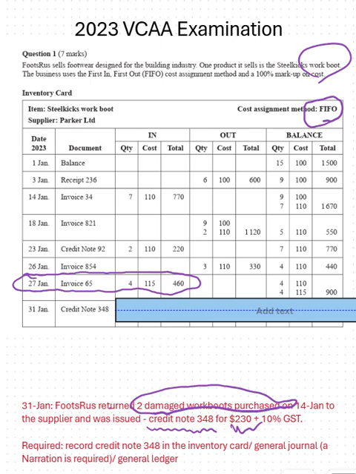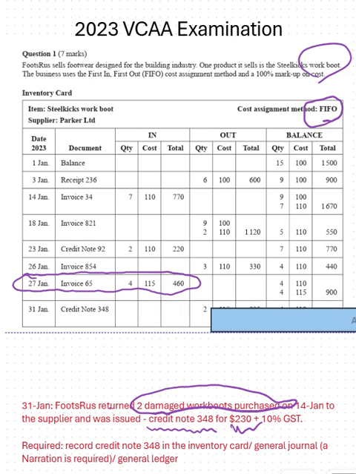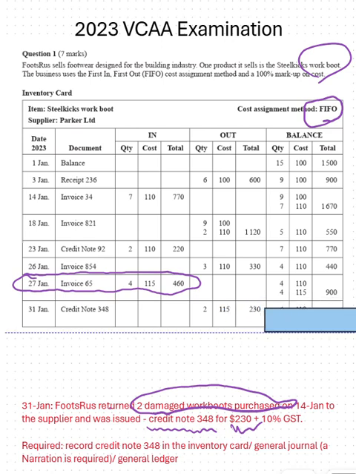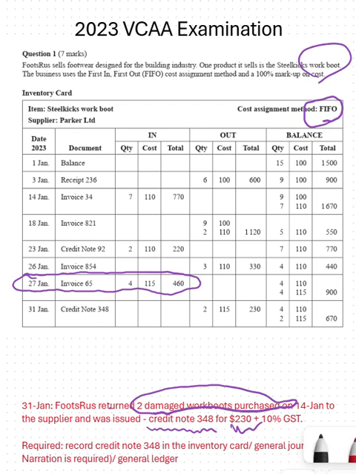And a purchase is an in, so a purchase return is going to be an out: 2 units at 115. And then we just need to update our balance. So we've still got those 4 units at 110, so we list those first, and we did have 4 at 115. We've returned 2, so now we're left with 2.